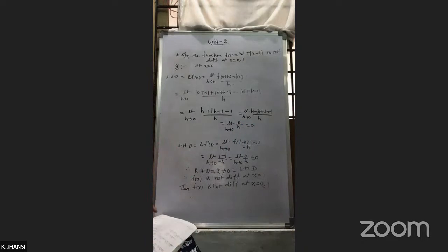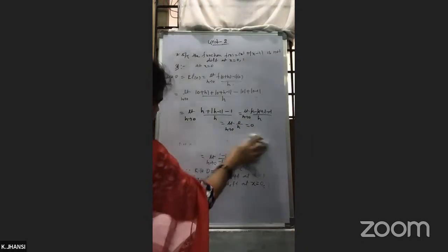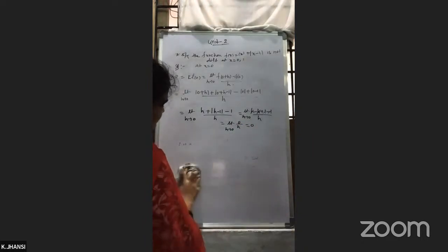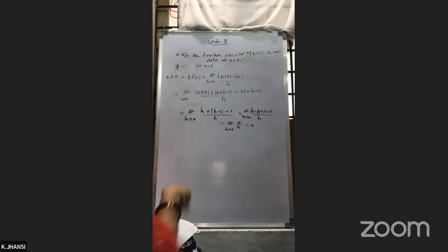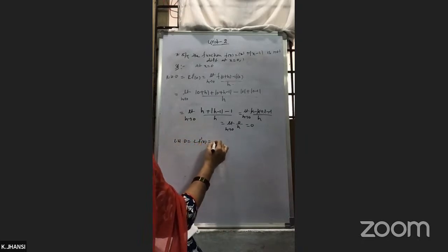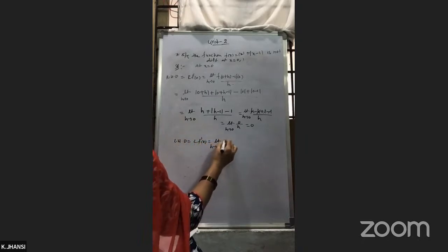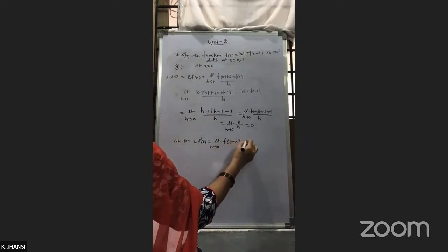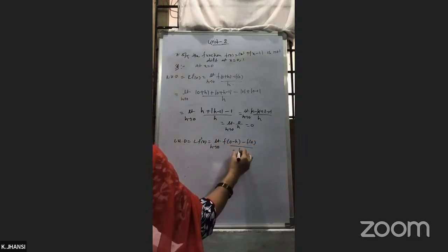Okay. In a similar way, you can see even LHD also. See, LHD is L f dash of 0 equals limit h tends to 0, f of 0 minus h minus f of 0 by minus h.